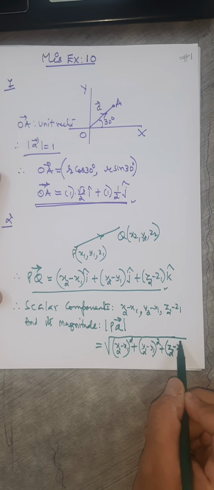You can take any random vectors like this. If I take vector A as, for example, i cap plus 2 j cap, B I'll take, for example, minus i cap plus j cap, and C vector I'll take i cap minus j cap. You take vectors like this, you will see that in this case the magnitude of this is not equal to the magnitude of this plus the magnitude of this, remember.